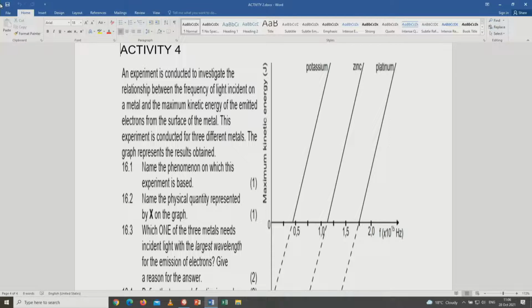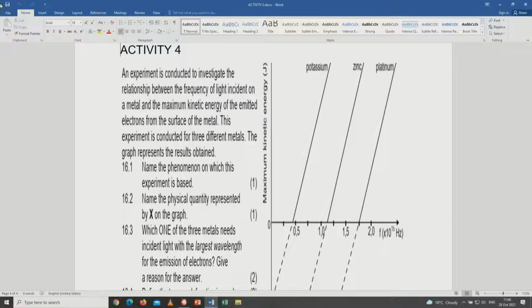You can see that potassium cuts the frequency axis just before 0,5 times 10 to the power 15, and then zinc cuts the frequency axis just after 1 times 10 to the power 15 hertz, and then platinum cuts the frequency axis in between 1.5 and 2 times 10 to the power 15 hertz.